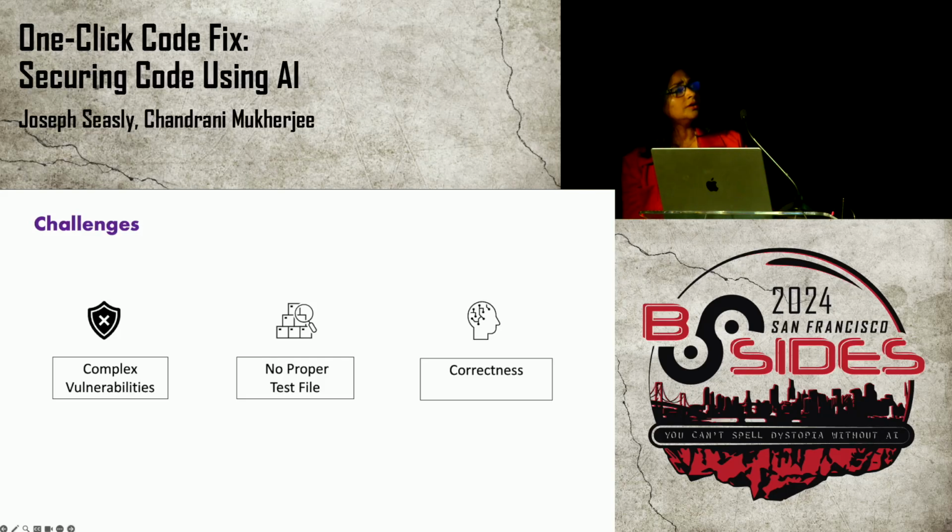The challenges, as I mentioned, include complex vulnerabilities: whenever they are spread across multiple files or multiple repos, GPT would do really poorly. Then when we moved over to the production repo, there is no proper test file, because you never know how many vulnerabilities are out there in your repo. We have static code checkers, but we all know they also produce false positives.